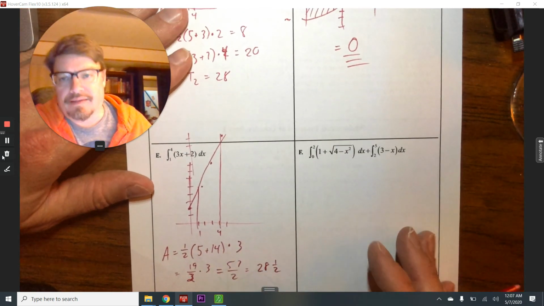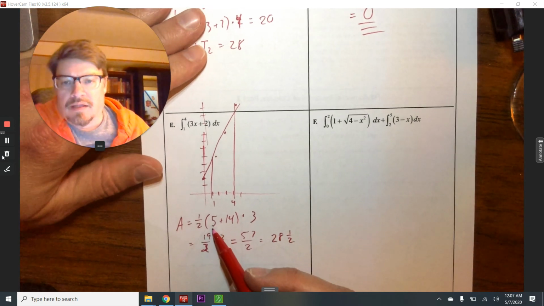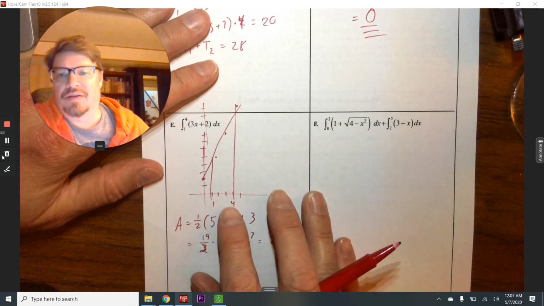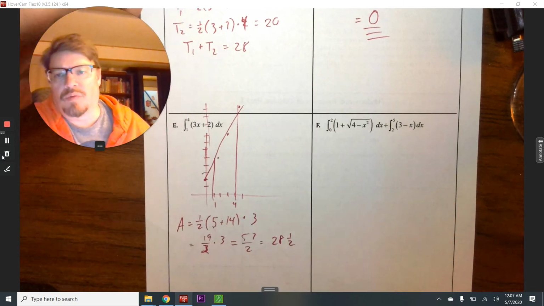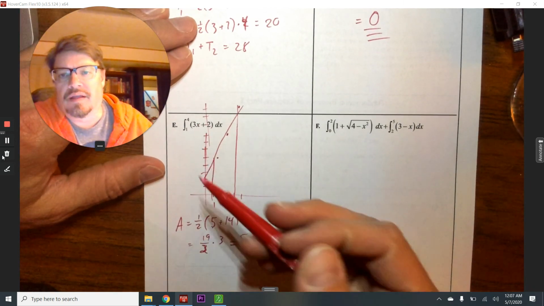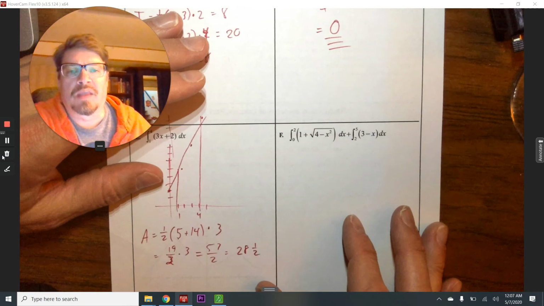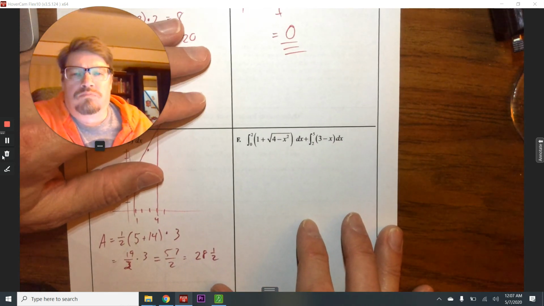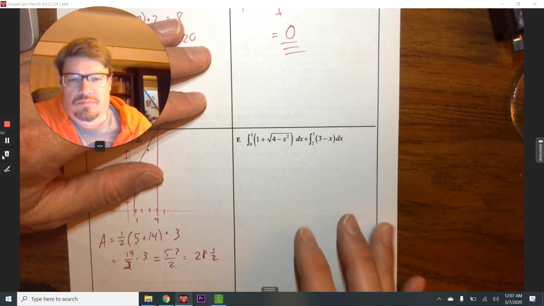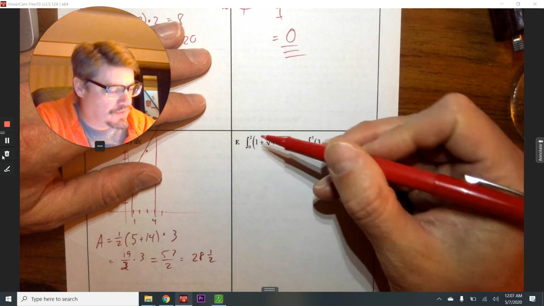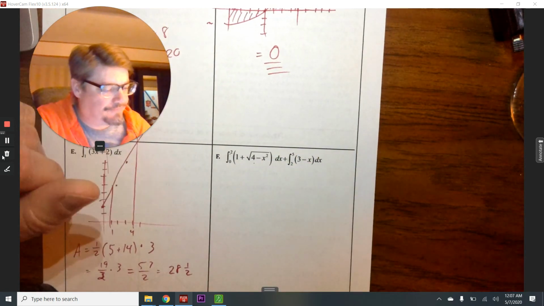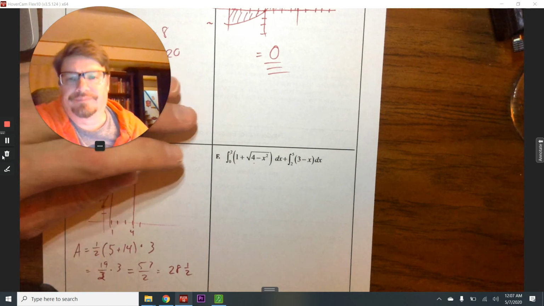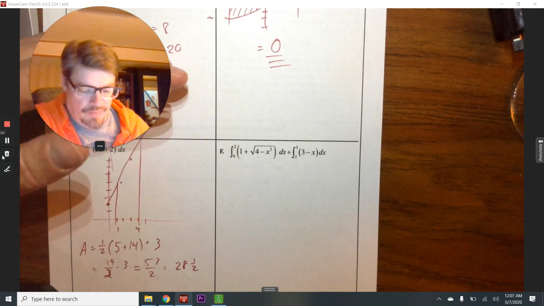I get it, but if you have any questions on how you got 5 and 14, let me know. We're plugging in 1, and then we're plugging in 4. So we are going from 0 to 2 with this guy, 2 to 5 with this guy. Whatever, we can figure it out.